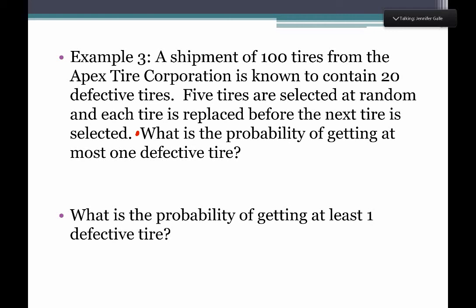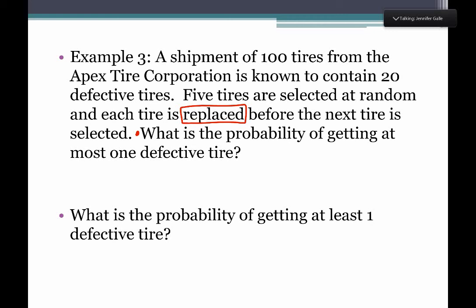Replaced. If that first tire doesn't get replaced before we pick out our second, our trials are no longer independent. My probability of success has now changed also. So if that word replaced isn't there, properties 3 and 4 do not get checked. So this would not work. All the boxes are checked.